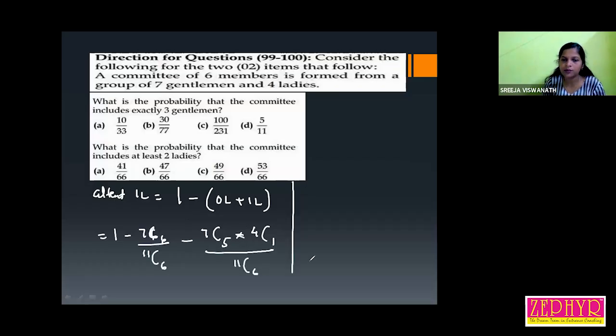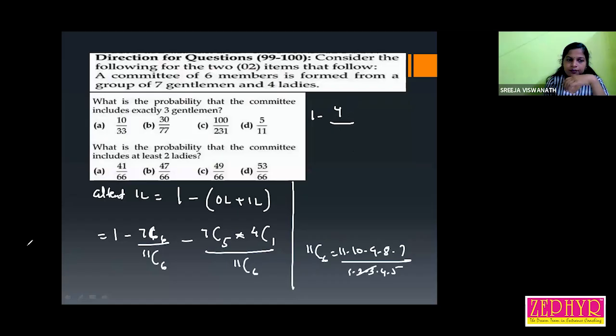Now you can solve. 1 minus 7C6, that is 7, 11C6. 11C6 is what? 11 into 10 into 9 into 8 into 7 by 1 into 2 into 3 into 4 into 5.